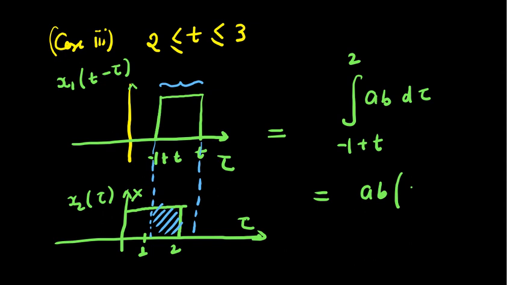So you have to take minus 1 plus t to 2. Correct? So 2 minus 1 plus t, right or wrong?